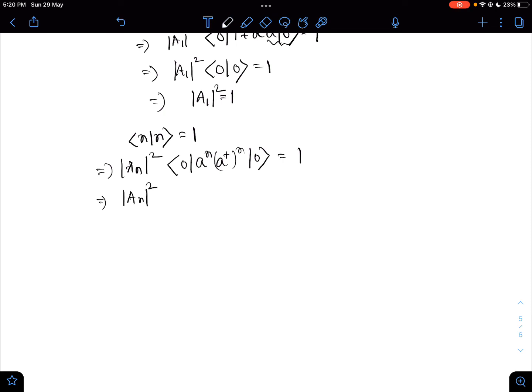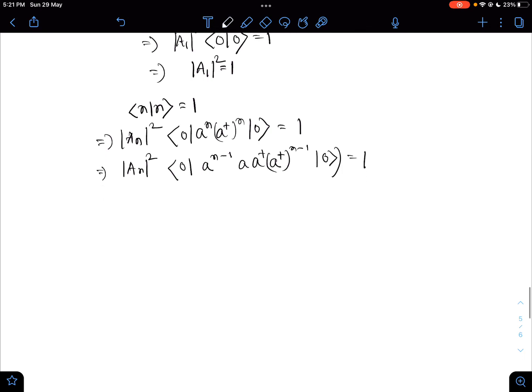Let us do the calculation here first. We can write this as <0|A^(n-1) A A dagger (A dagger)^(n-1)|0>.